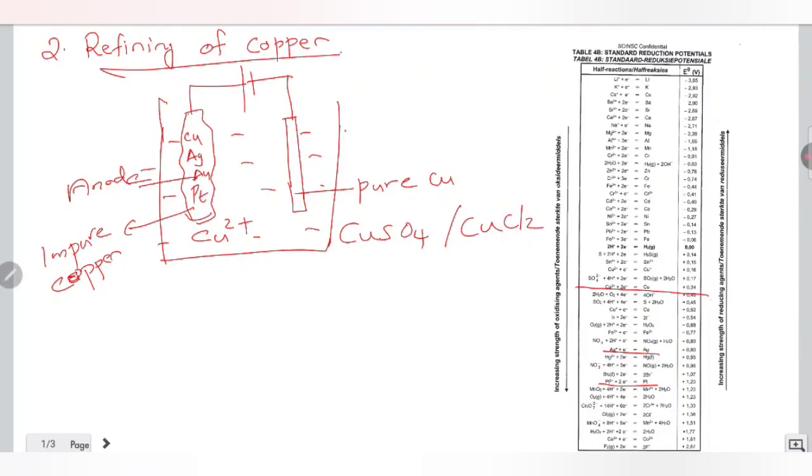Gold is not there, but gold is also between, I think it's below silver. So you can see that out of these four, copper is the only one that undergoes oxidation. So you write copper changes to Cu2+ plus 2 electrons.